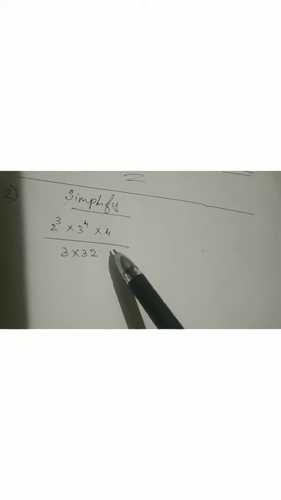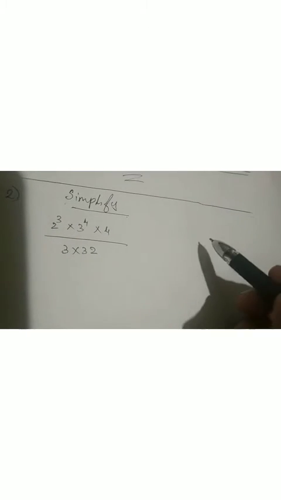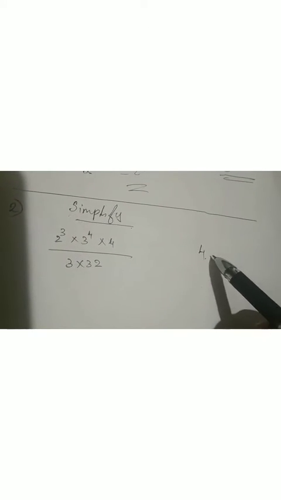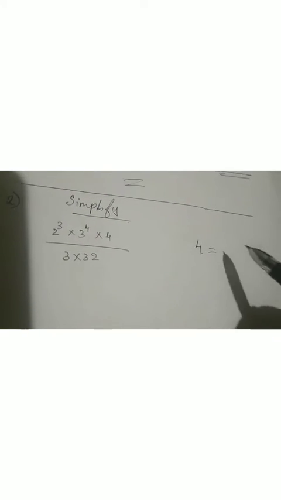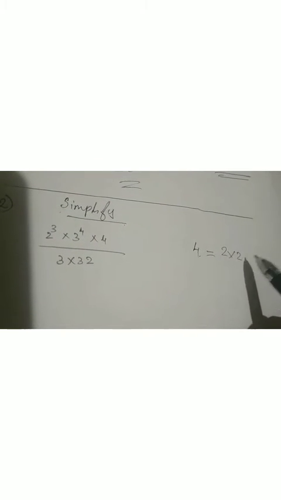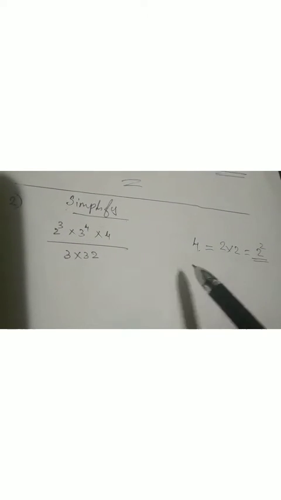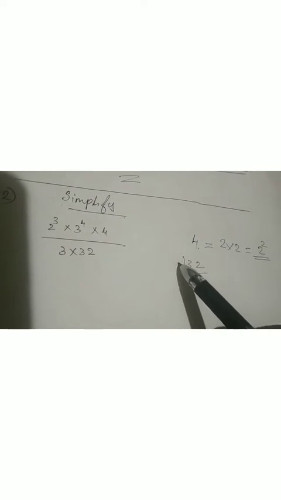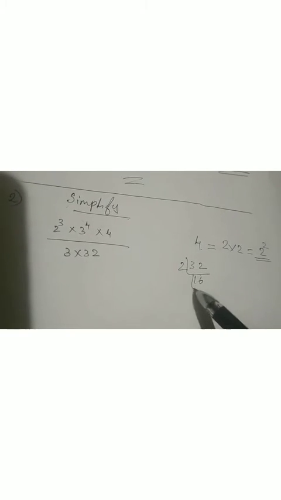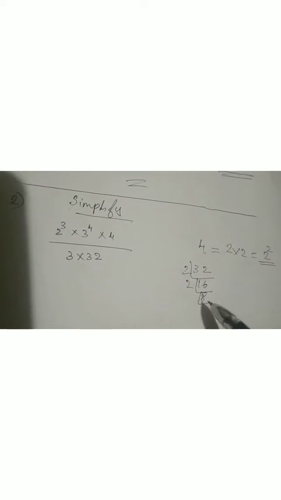Here 4 is not a prime number, so we can change this into a product of prime numbers, that is 2 square. Also in case of 32, we can divide by 2, then 16, again by 2, 8, then 2, 4, then 2.